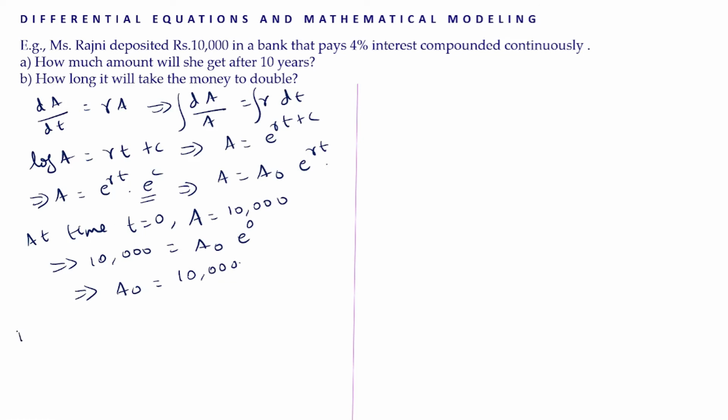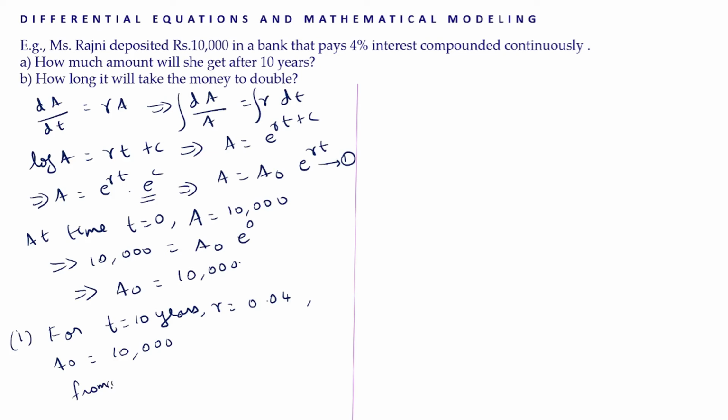Coming to the first subdivision, for t equal to 10 years, R is given as 4%, so R is equal to 0.04. We just found A naught as 10,000. Let us mark this as 1.